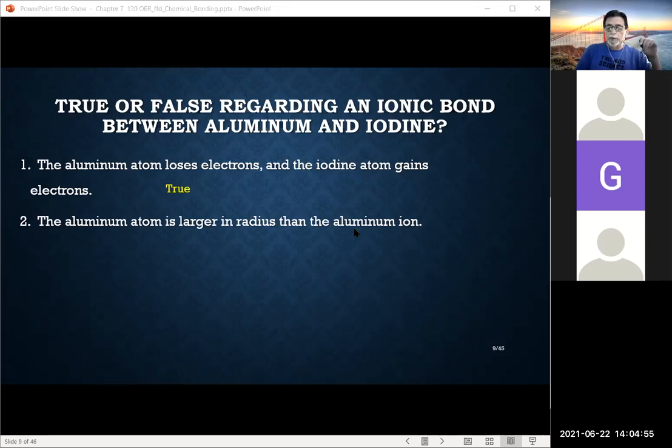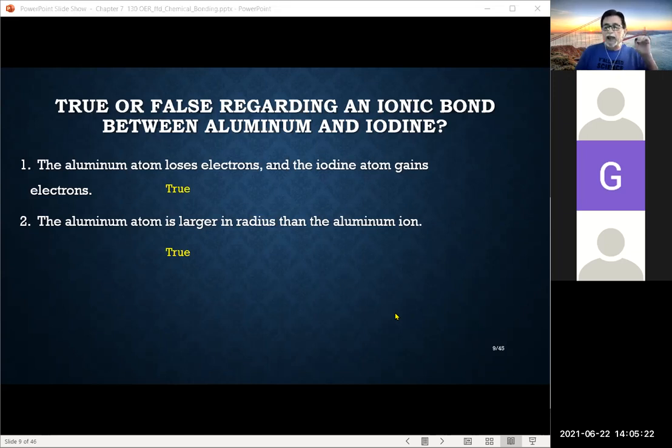Now, the aluminum atom is larger in radius than the aluminum ion. Would that be a true statement? That would be a true statement. Think about this now. We said you've got to read the question carefully.